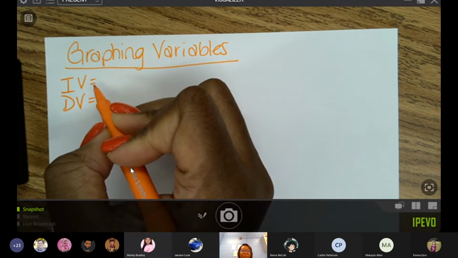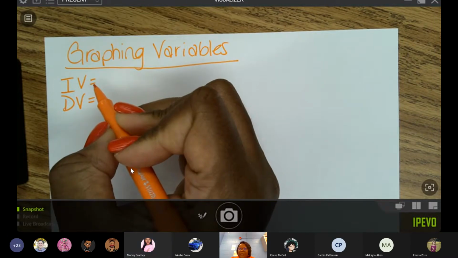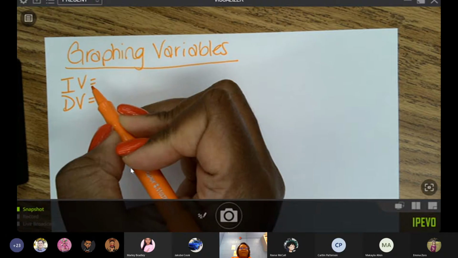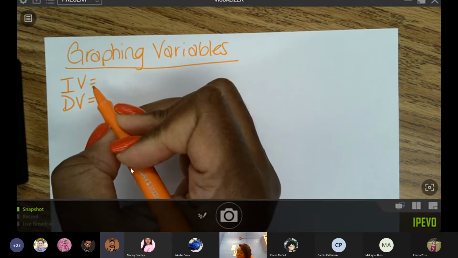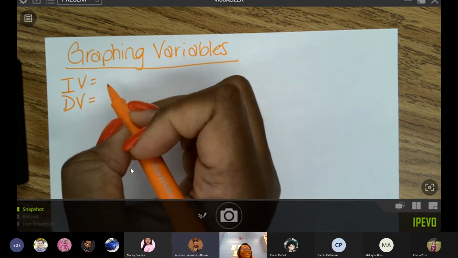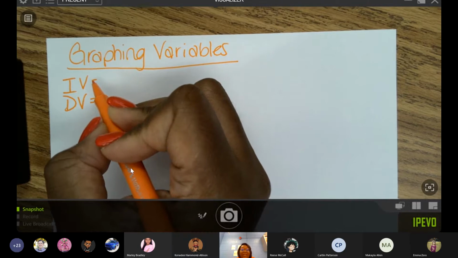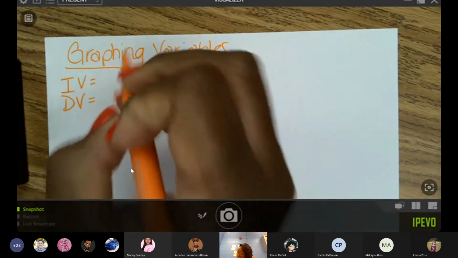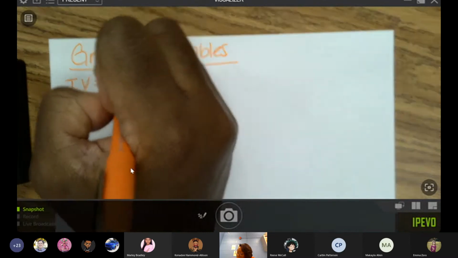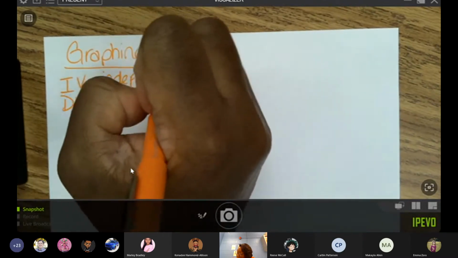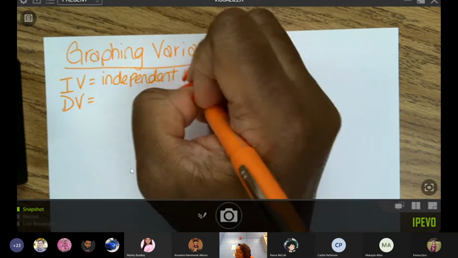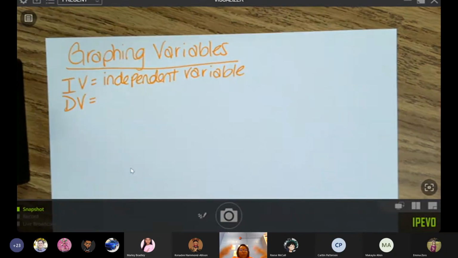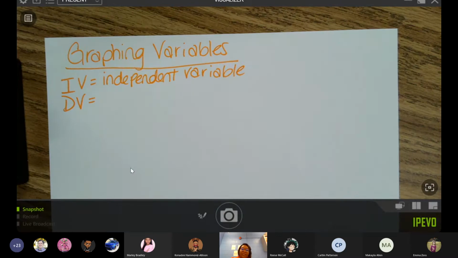Can someone different tell me, use your notes, what is the independent variable? The one thing that can be changed. Yeah, that's what you have the power to change. You can manipulate it as the experimenter.